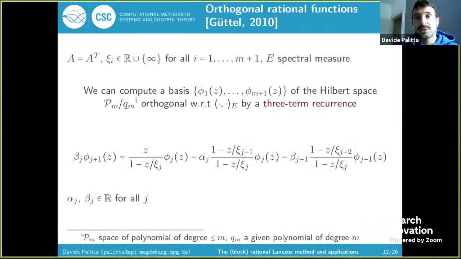We need to make use of orthogonal rational functions, and what I'm going to say here can be found also in Stefan Güttel's PhD thesis from 2010.